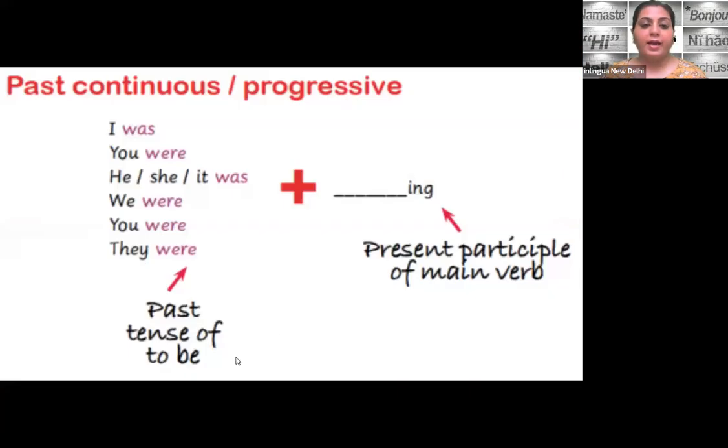Okay, here we have the past continuous, or past progressive tense. Let's look at some of the subjects. I, you, he, she, it, we, you, they. This is the subject. Now, along with the subject, because it's the past continuous, we need to use the past tense of is, am and are, which is was or were. So you say I was, plus you use an ing word, any action word.